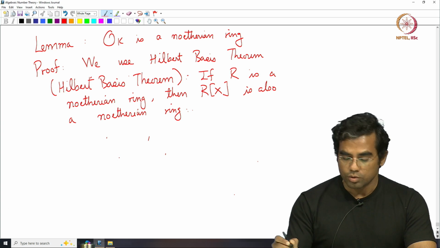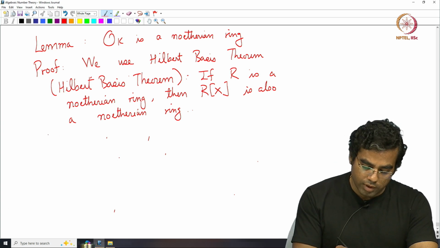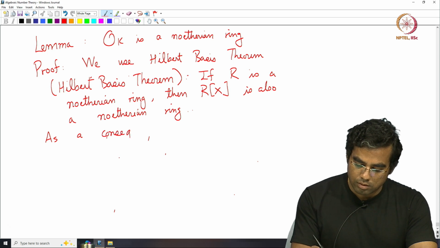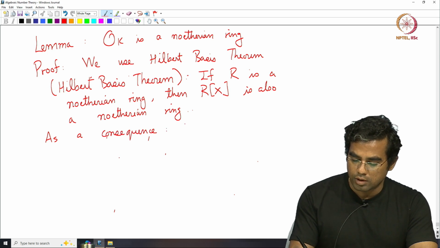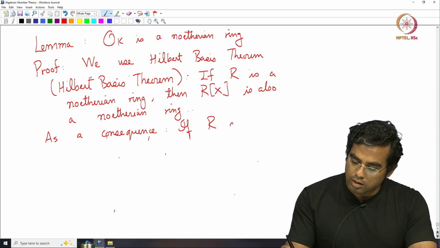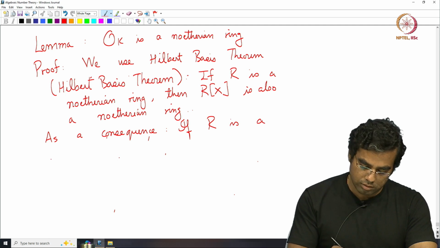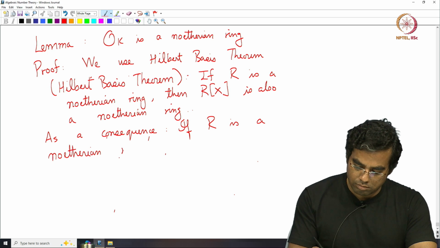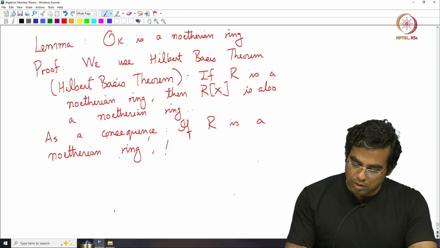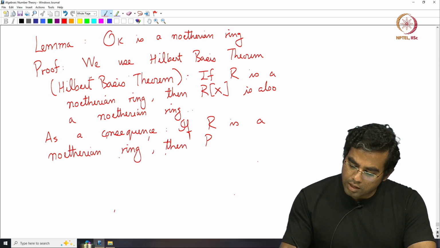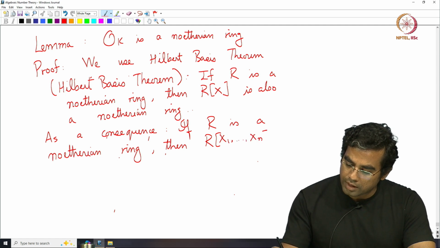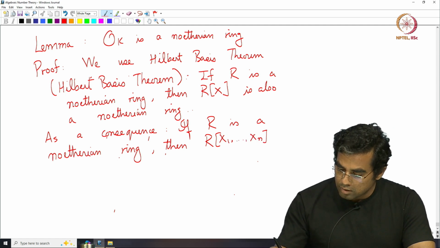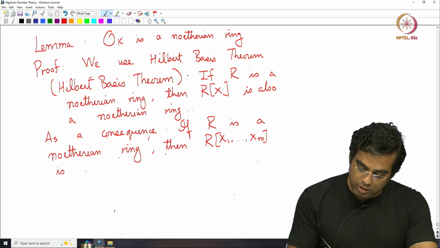All right. So, what does this mean? As a consequence, if R is a Noetherian ring, then the ring of polynomials in a finite number of variables is a Noetherian ring.